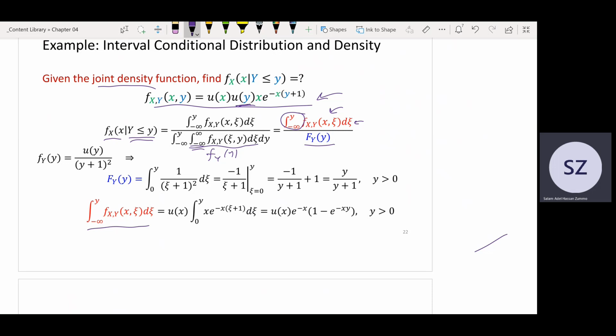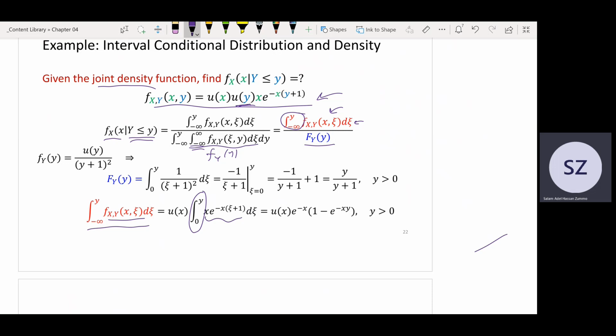You just plug in the joint PDF, which is x e^(-x(y+1)). This is the joint PDF, and you integrate with respect to y from 0. Since this is an integral with respect to y, everything with respect to x is constant, so take it outside.